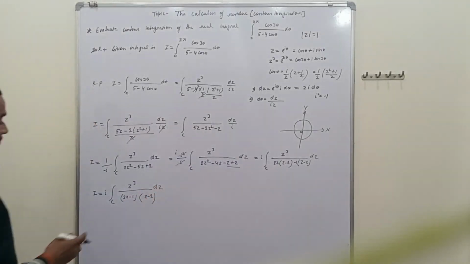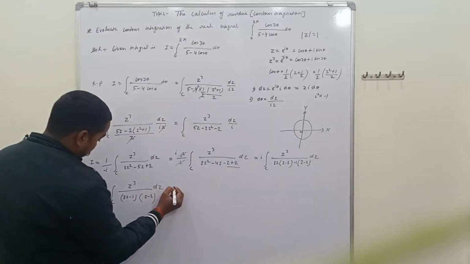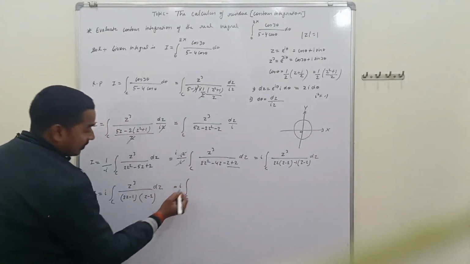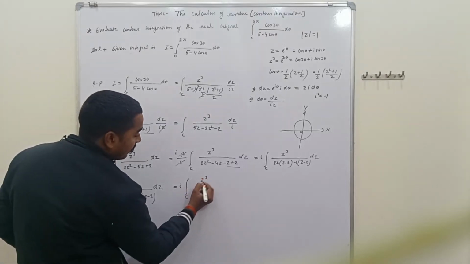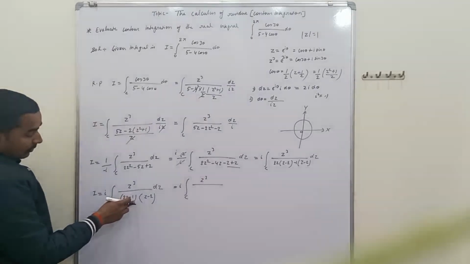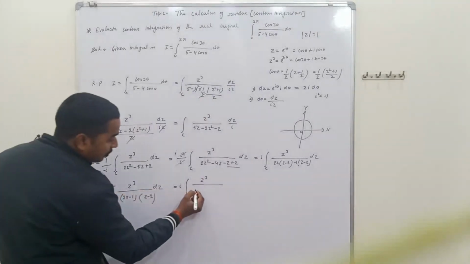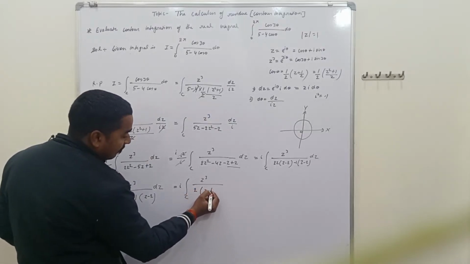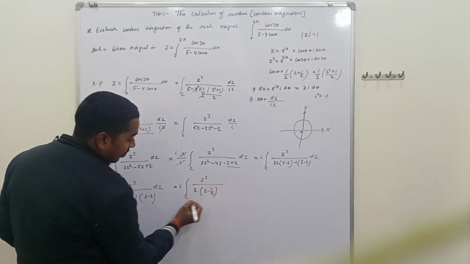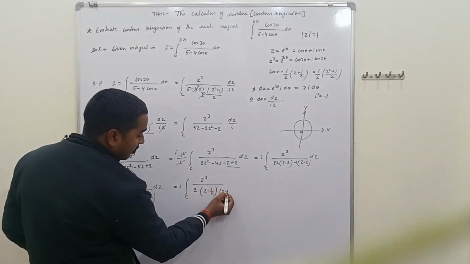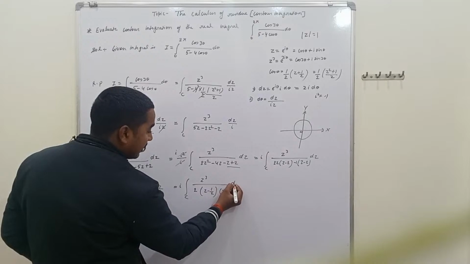From here we consider the closed integral of z cube upon, from 2z minus 1 we take 2 common, that is 2 times z minus 1 by 2, and z minus 2 is already present, dz.